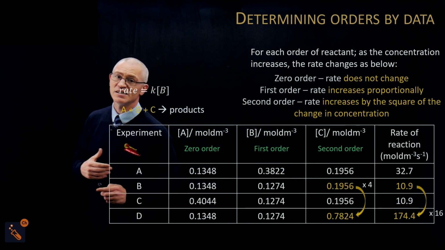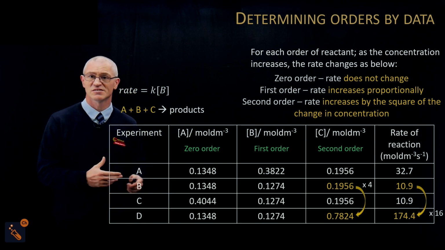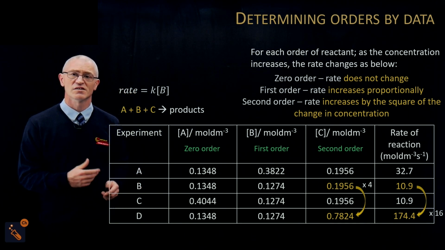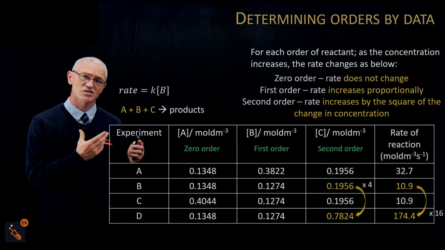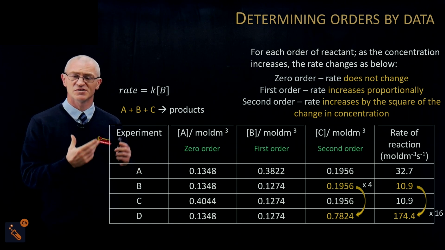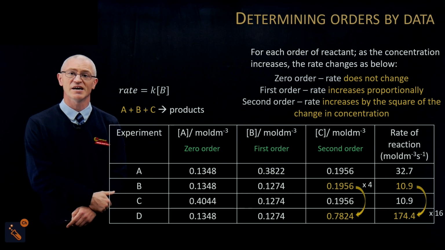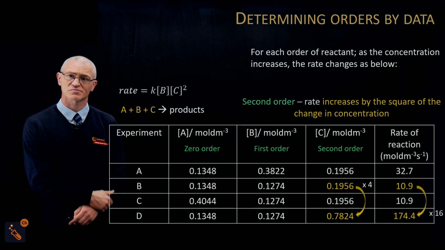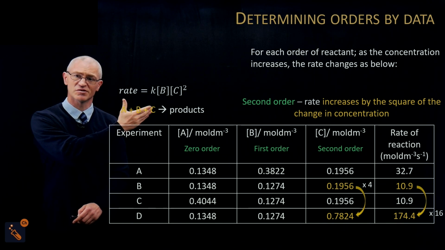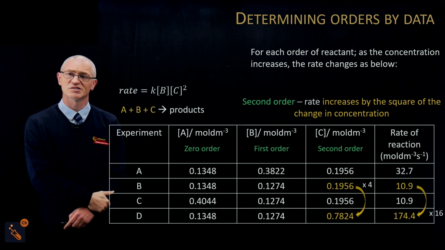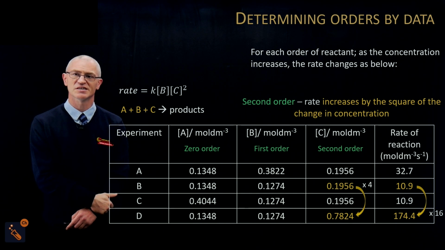Well, 16 is the square of 4, and therefore the change in rate is the square of the change in concentration. So we think that is second order. Now, if that is the case, we can introduce C into our equation. We've got rate equals k, square brackets B times C squared.